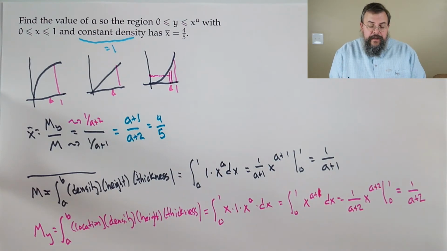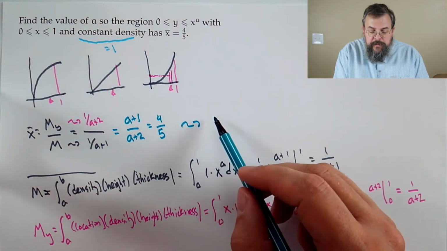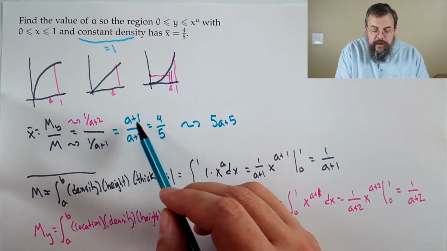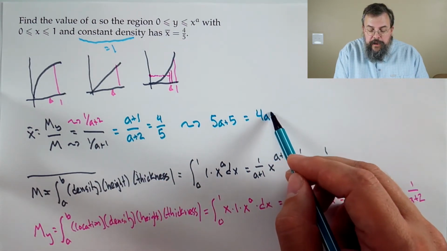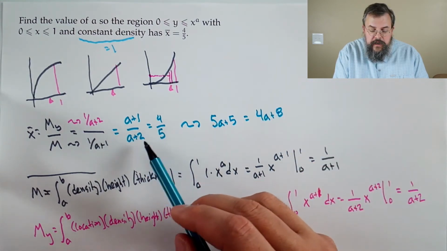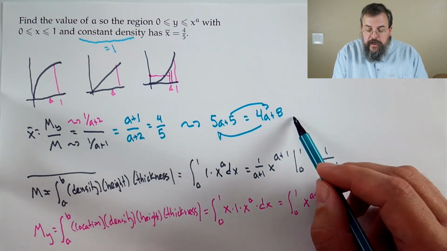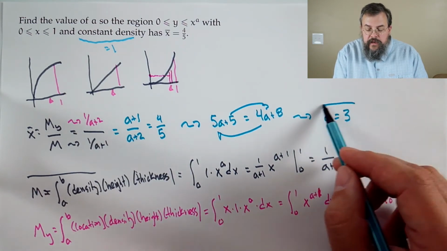We can handle that. We can cross multiply. And so if we do our cross multiplication, 5a plus 5 is equal to 4a plus 8, right? And then we move terms around, and we come to the conclusion a is 3.